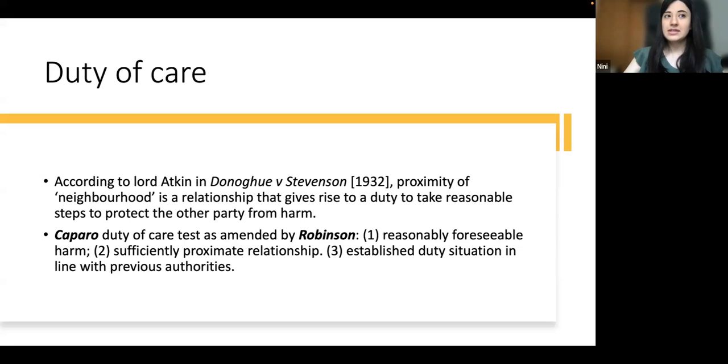Therefore, the situation that we're dealing with in this specific case should have been an established duty scenario according to the previous line of authorities. In this case, we're talking about medical professions, so our focus has to be on medical cases that involve the doctor-patient relationship.